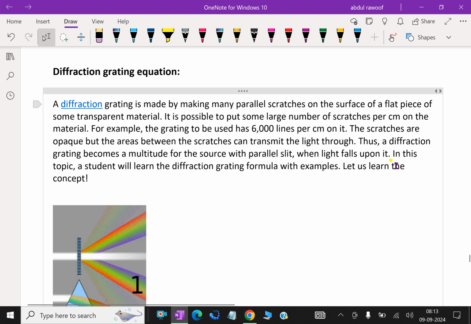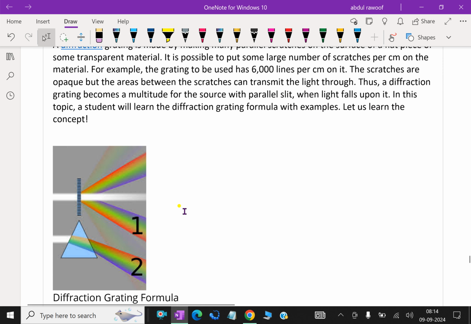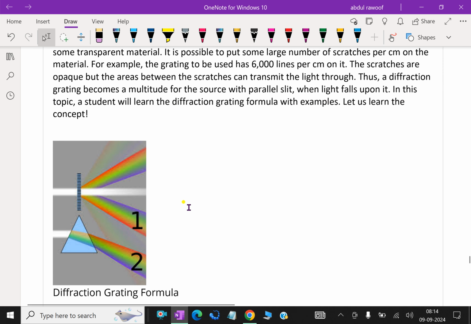When light falls upon it. In this topic, the learners will learn the diffraction grating formula with example. Let us write the equation of this diffraction grating formula.